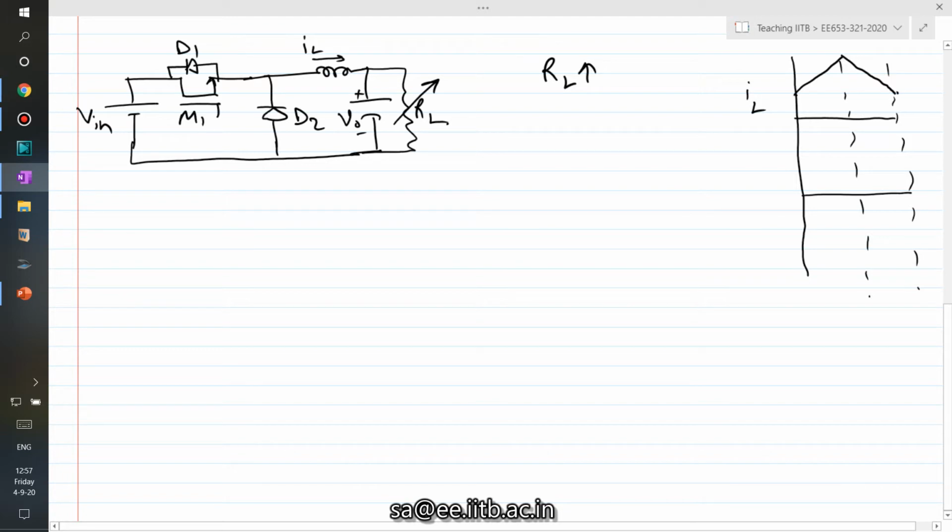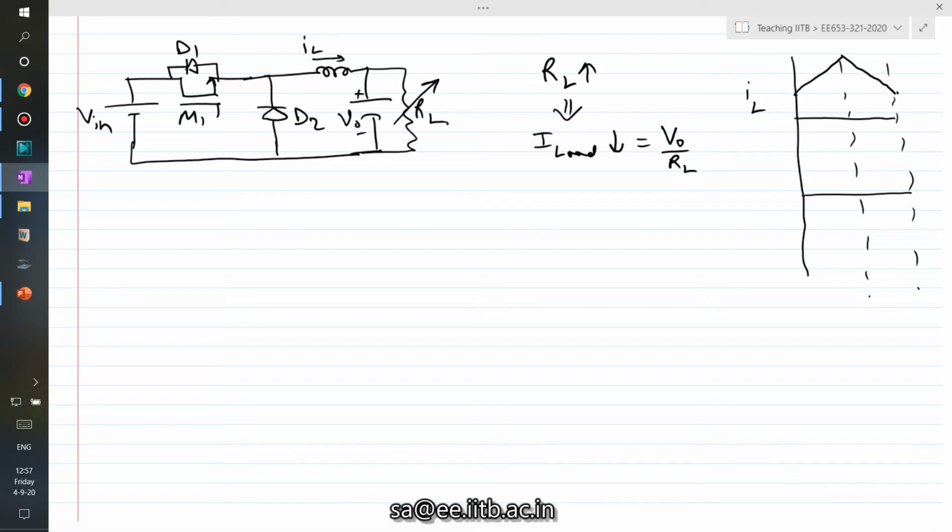What will happen as I increase the load resistance? The average load current will reduce, because average load current is given by average output voltage divided by the load resistance. Since average load current is equal to the average inductor current, the average inductor current would also reduce.